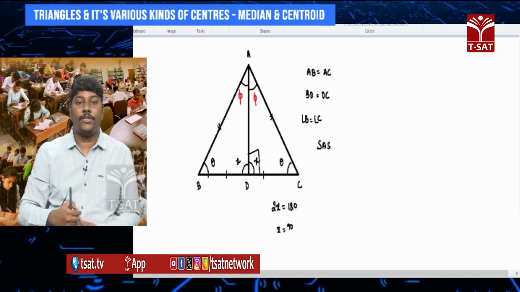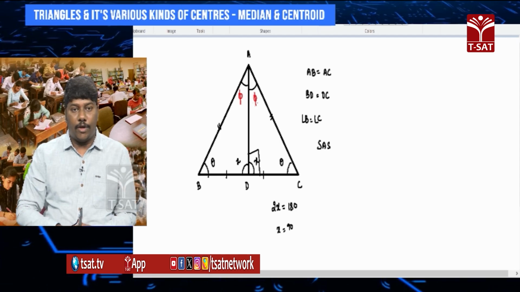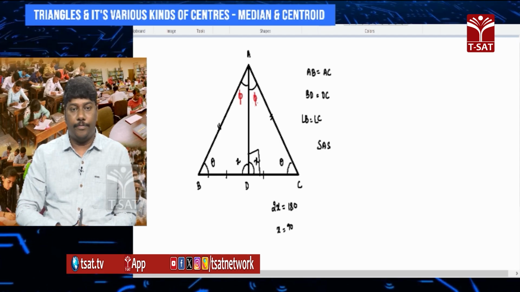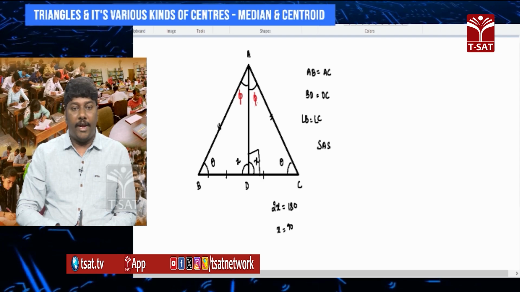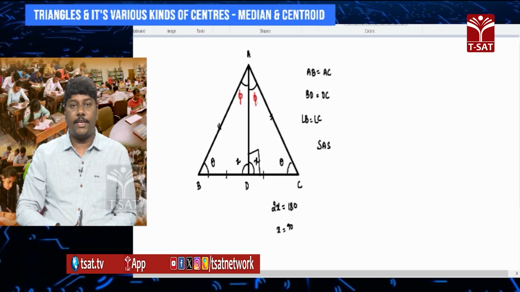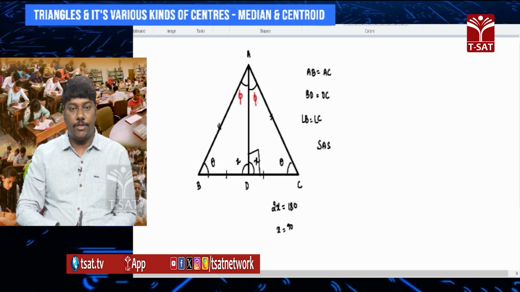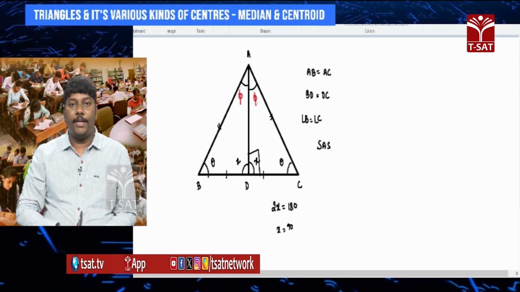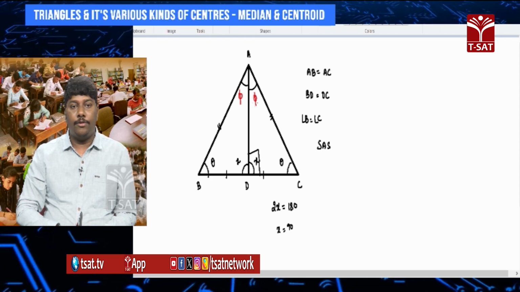Now here AD is also called what? AD is also called the angular bisector. If you look, AD is perpendicular to the base and it is bisecting the base. Therefore, AD is also called the perpendicular bisector. So, what do you know here?